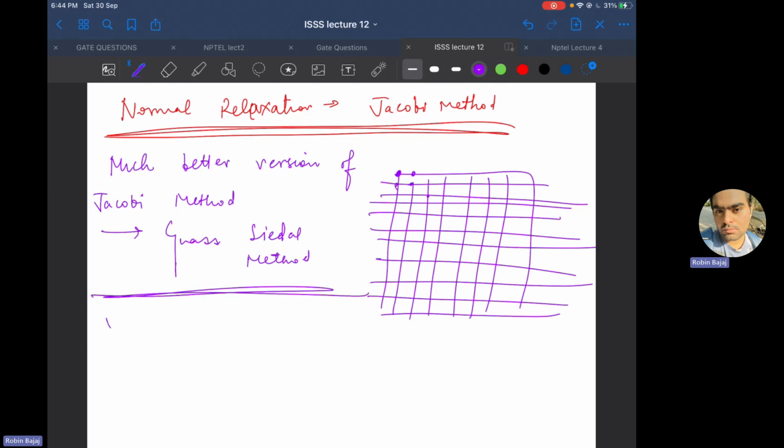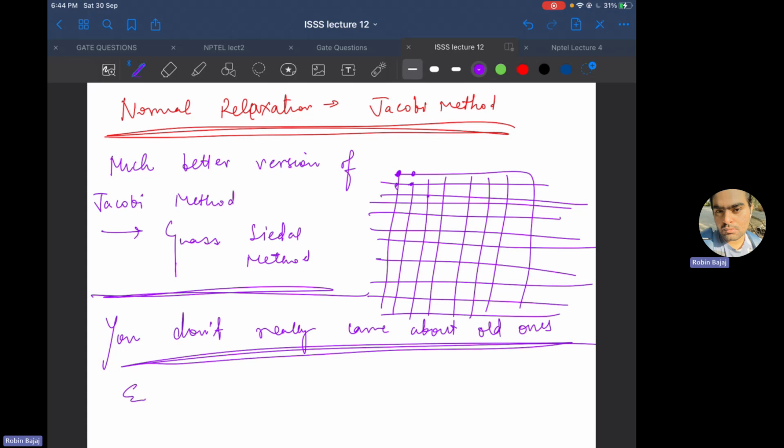So you don't really care about the old ones. Every grid point you use the new ones for the neighboring.